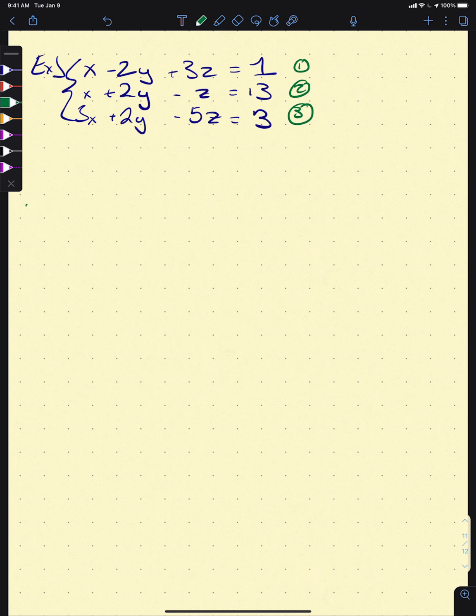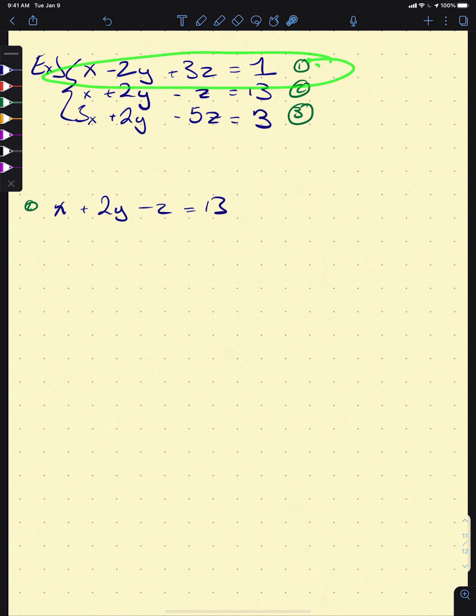The first thing we're going to do here is copy down the equation where we want one of the terms to go away. So that's equation 2, x plus 2y minus z equals 13. And what should we multiply equation 1 by in order to cancel this x? Well, that would be -1.